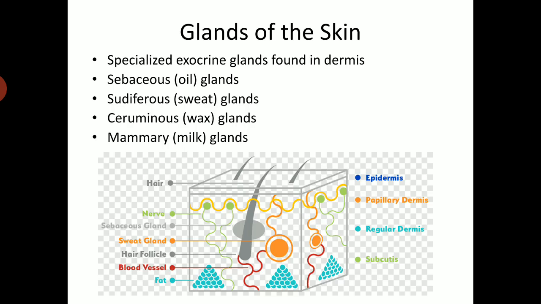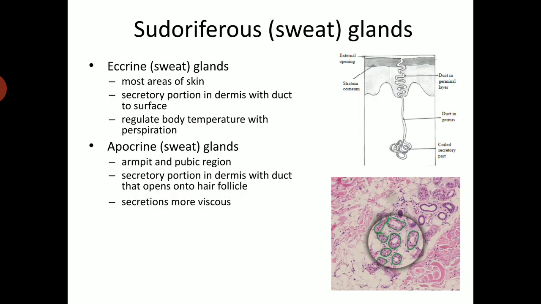Okay, the first is the sweat glands. The sweat glands, also called sudoriferous glands, are coiled tubes in the dermis connected with the surface by narrow ducts. They are situated within and under the skin.